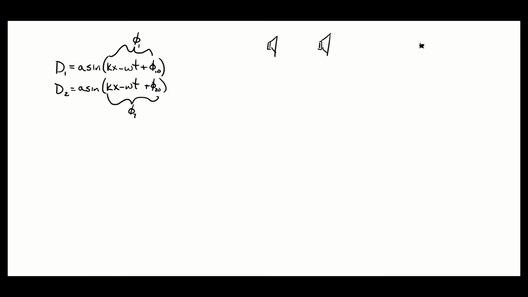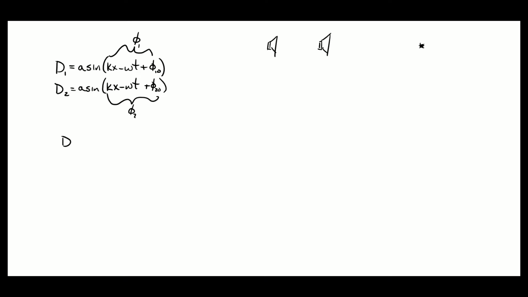Well, the speaker one wave is described by D equals A sine of kx minus omega t plus the phase constant for speaker one, and the displacement of the wave from speaker two, let's say it's playing the same note, same volume, is A sine of kx minus omega t plus phi 2. And again, we're just going to call this the phase of wave one, and this the phase of wave two.